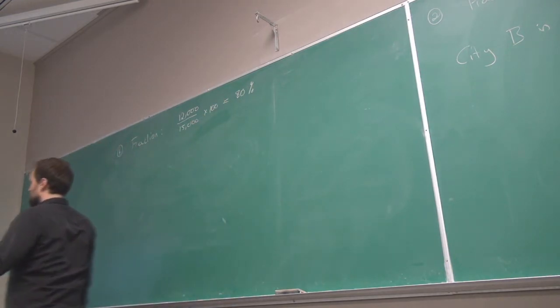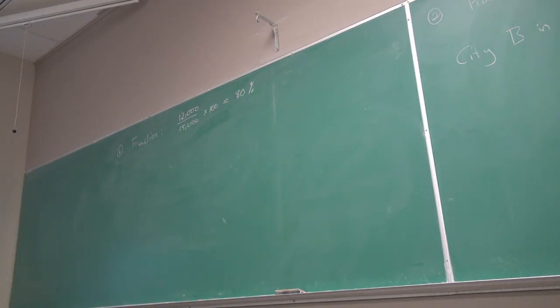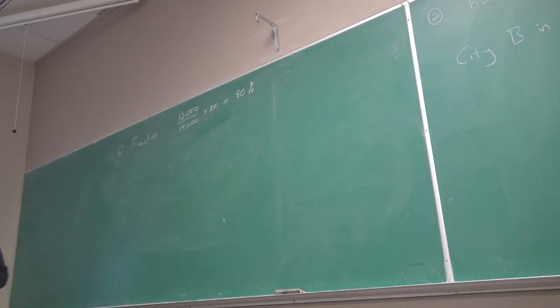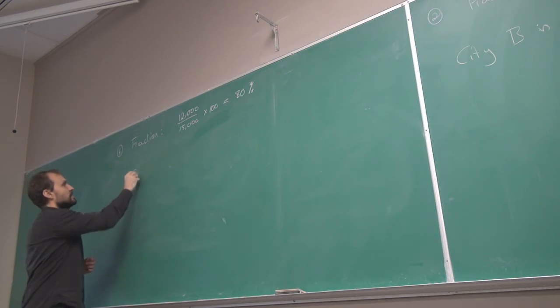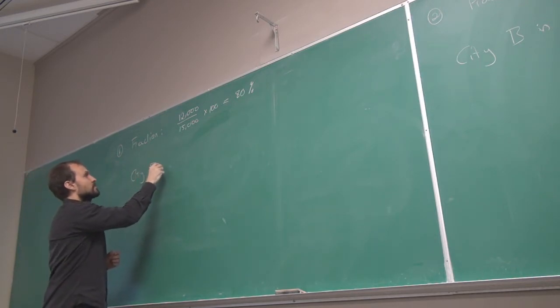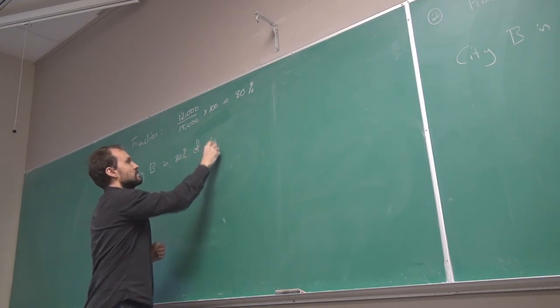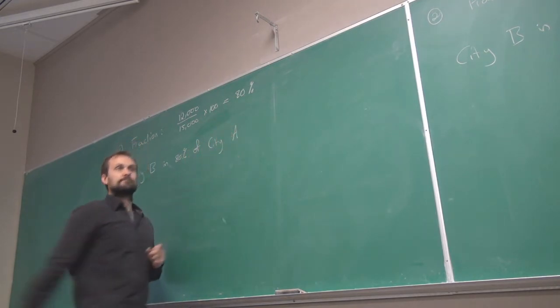Just be careful, you can totally say 0.8, but if it's asking for a percentage, you have to say 80. If you're using that percentage, I'm converting it to a decimal. They'll become obvious as we go. So I check my question sentence, city B's population, what percentage of A, and I answer it accordingly. City B is 80% of city A.